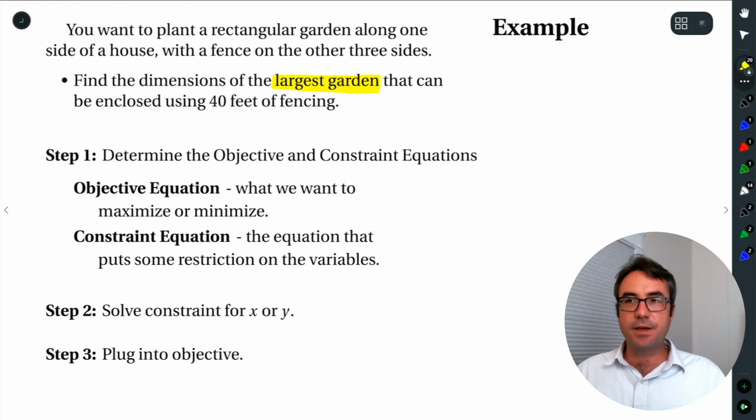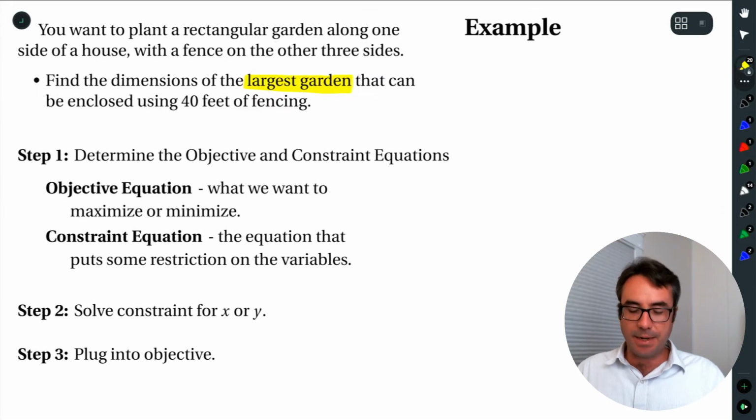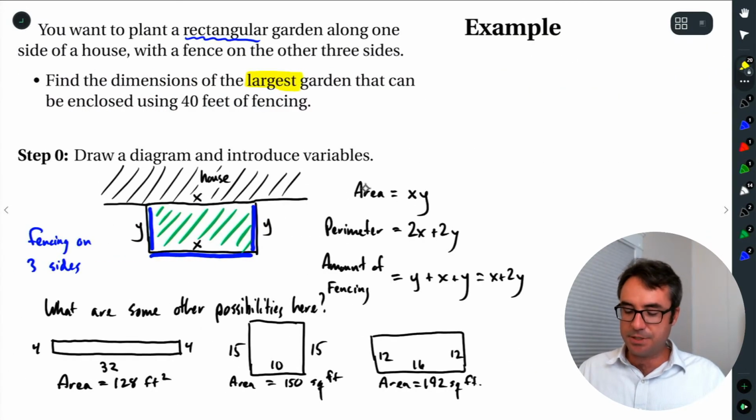And so if we're thinking of maximizing or minimizing, we have some options here. We could maximize the area, maximize the perimeter, maximize the amount of fencing. But the amount of fencing, and related to that the perimeter, we're stuck with that because we're limiting ourselves to just using 40 feet of fencing.